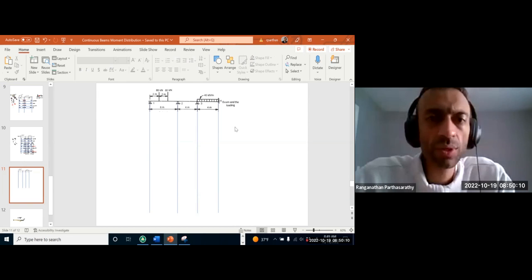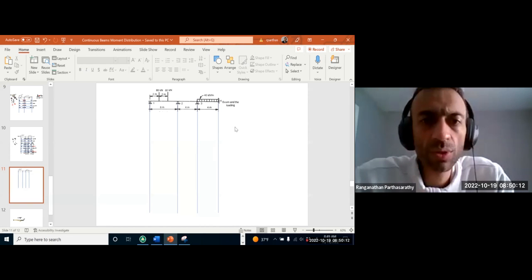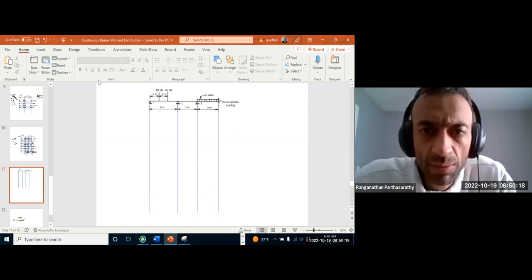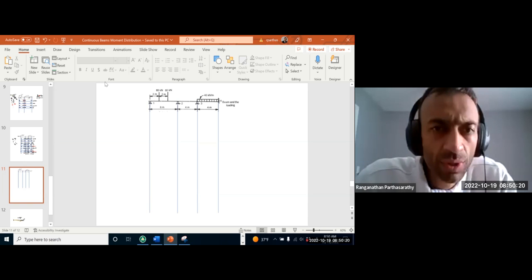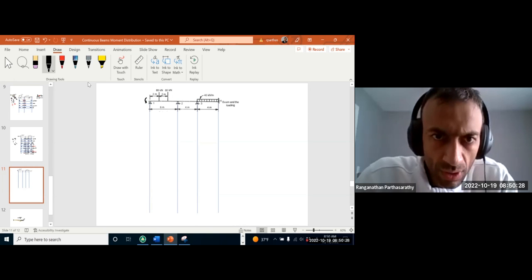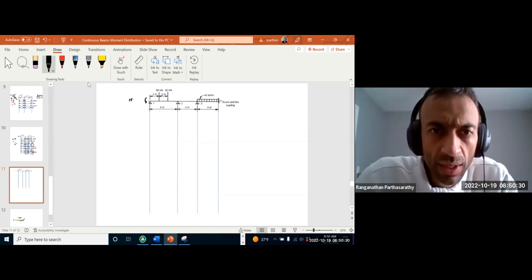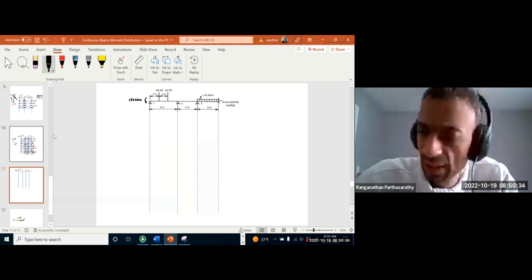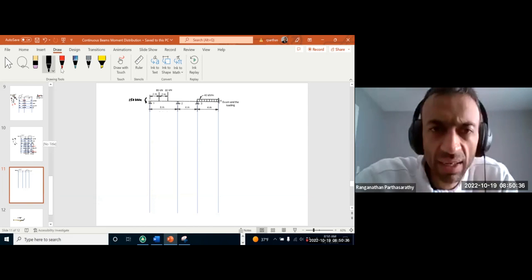Okay, so there is one more change we have to do here. We had a moment of 150 kilonewton meter. Our fixed moment should have been 2PL by 9.